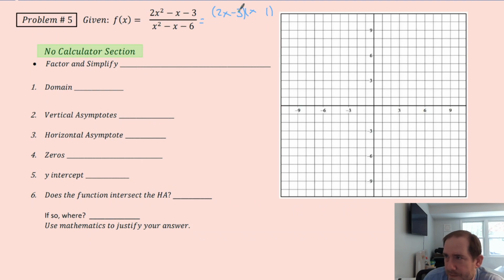I want the 3 to be negative, the 1 to be positive. There, I factored. Now this one is negative 6, so negative 2, negative 3. So it'll be x minus 3 and x minus 2. So this is my factored and simplified form. My domain is all reals, except for those two denominator values, 2 and 3.